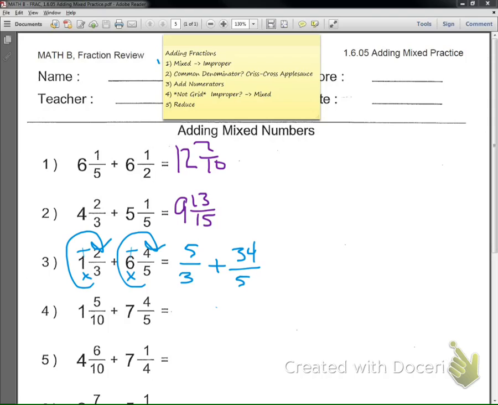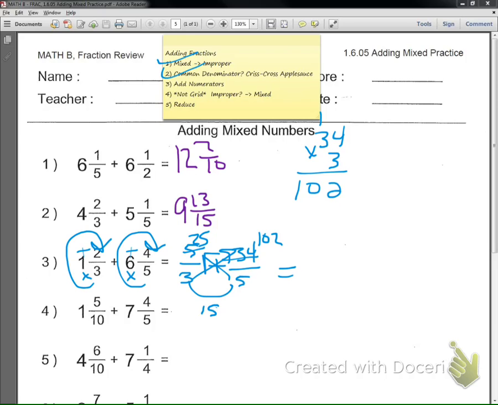We do not have common denominators, so we have to crisscross. Let's see, 34 times 3 is 12, carry 1. 3 times 3 is 9, plus 1 is 10, so 102. 5 times 5 is 25. And 3 times 5 is 15.